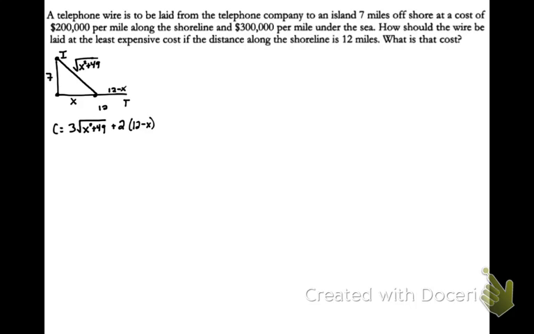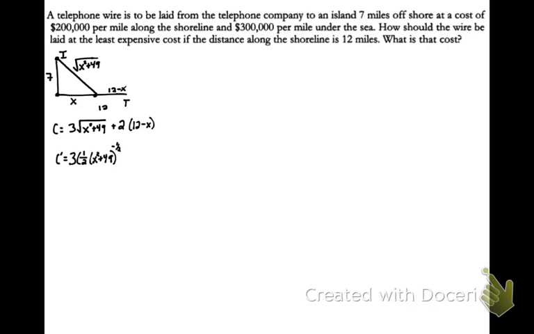So there's my cost function, and I'm going to need to find the derivative of this. The derivative of this first part of the function will be 3 times 1/2 times x squared plus 49 to the negative 1/2 power.